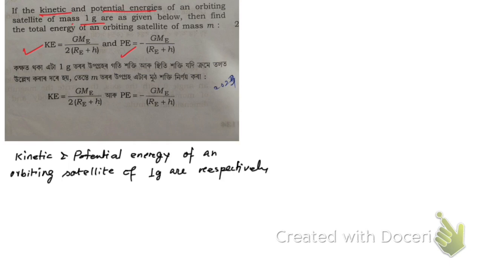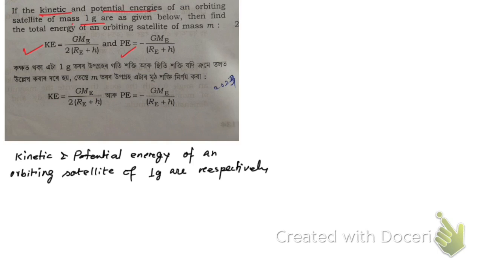So here you see, the kinetic and potential energy of an orbiting satellite of mass 1 gram are given by these two expressions. We need to find the total energy of an orbiting satellite of mass m. So now let me write this too.